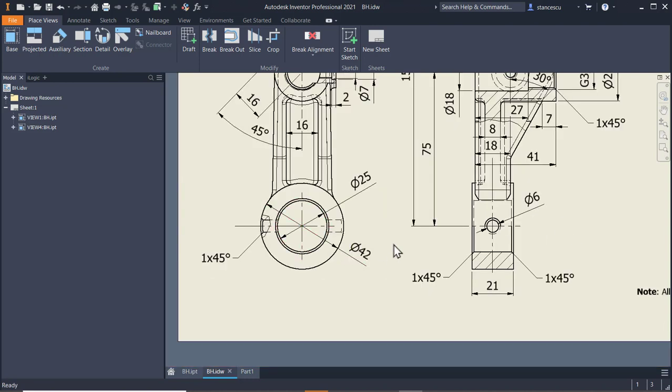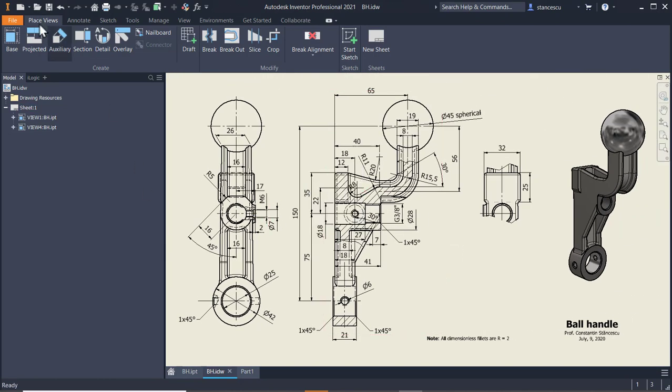Diameter is 42. Let's make these two extrusions.